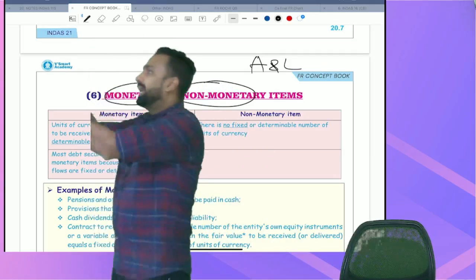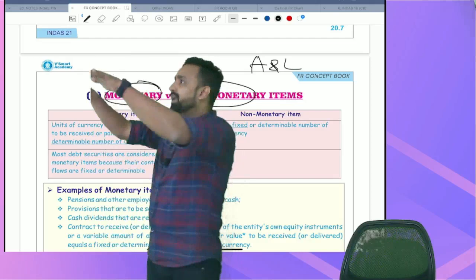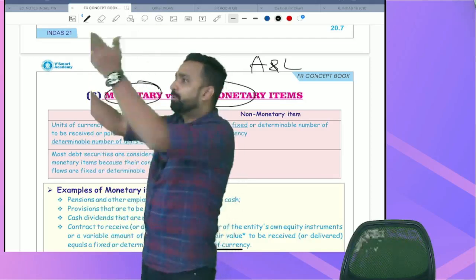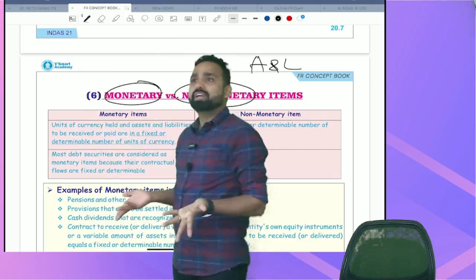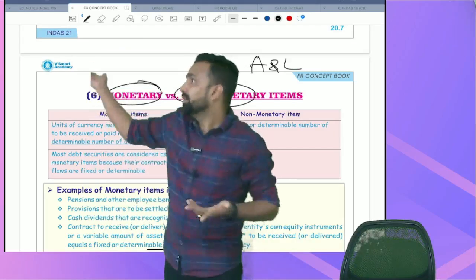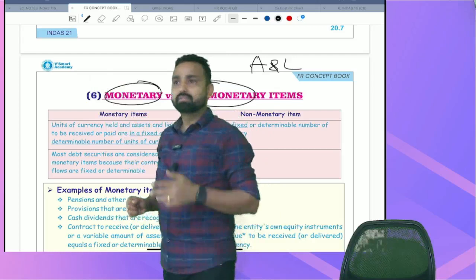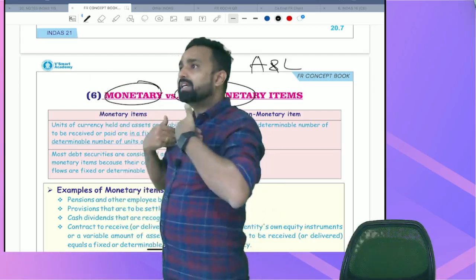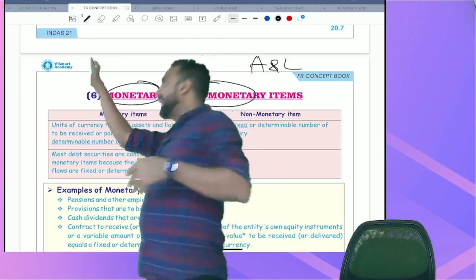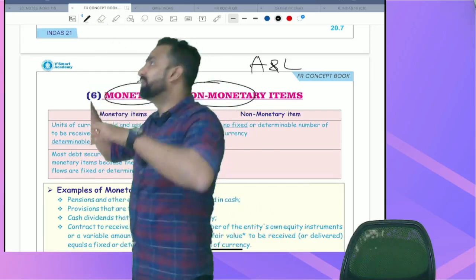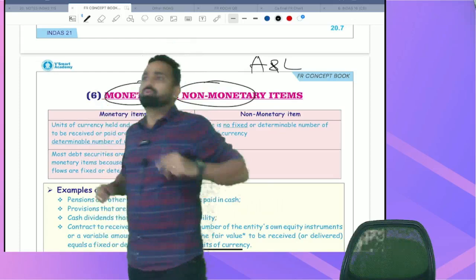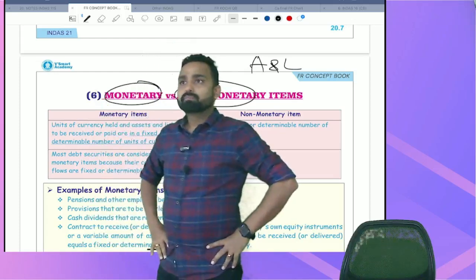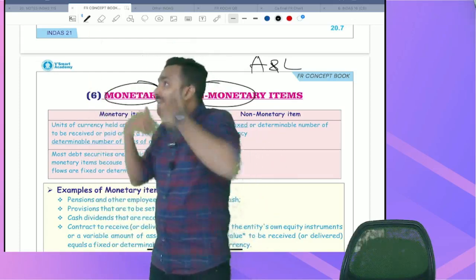Now you are not uniformly following any one measurement rule. How should I give you the treatment? Ind AS 21 is looking at the land, building, inventory, investment in equity, and talking to them: you don't have one single measurement rule. What should I do? But because you are into foreign currency, I have to give you one treatment.